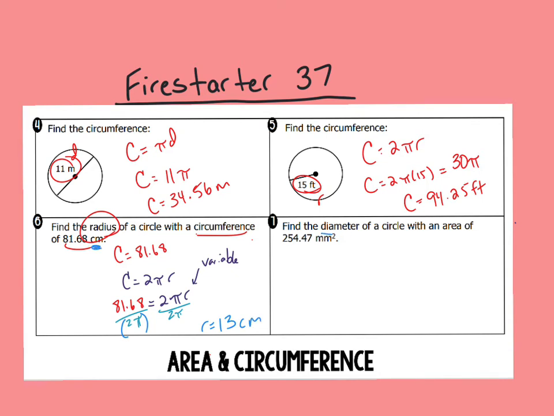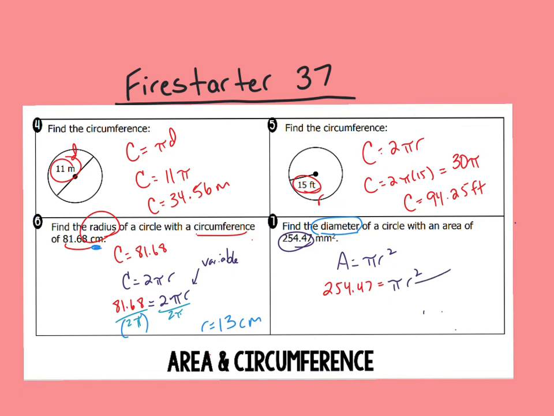All right. Find the diameter of a circle with an area. So we know area is equal to pi r squared. So I'm going to put 254.47 equals pi r squared.